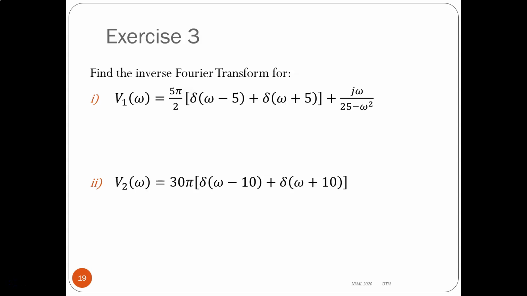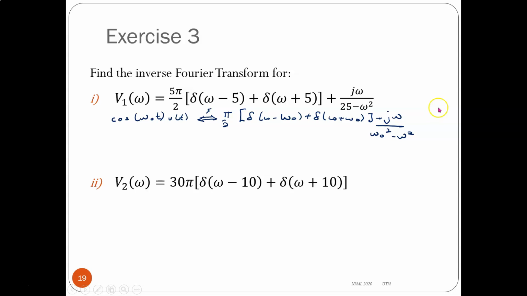So the way you write this, from the table you put here cosine omega naught t u(t), and the Fourier transform is pi over 2 delta omega minus omega naught plus delta omega plus omega naught, plus j omega divided by omega naught squared minus omega squared.